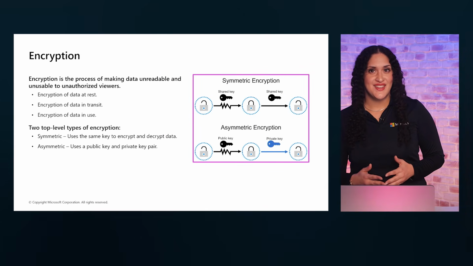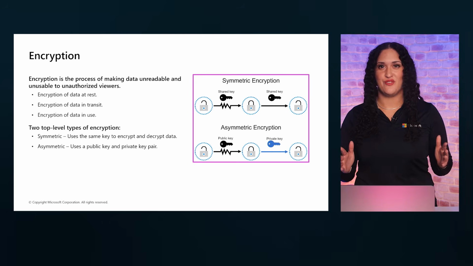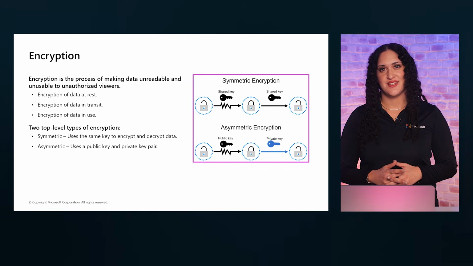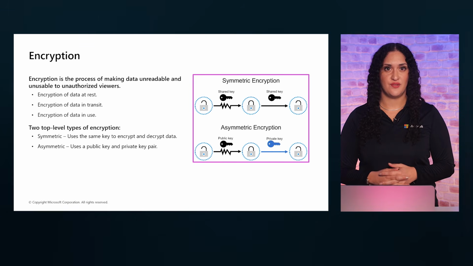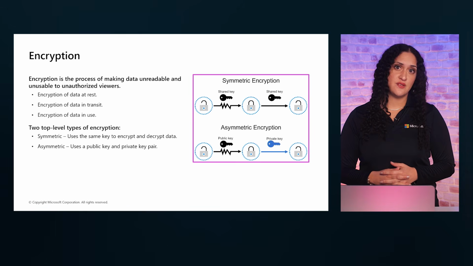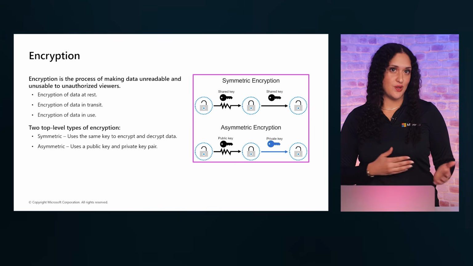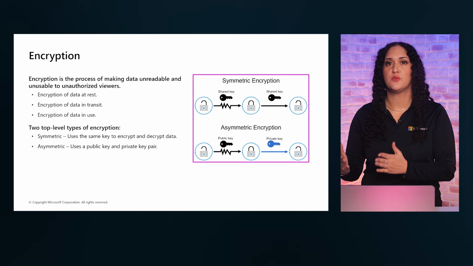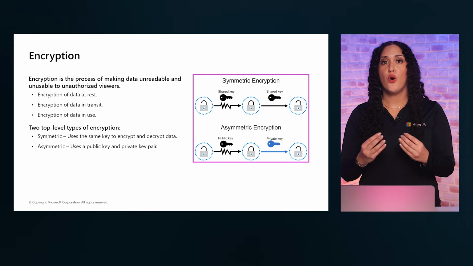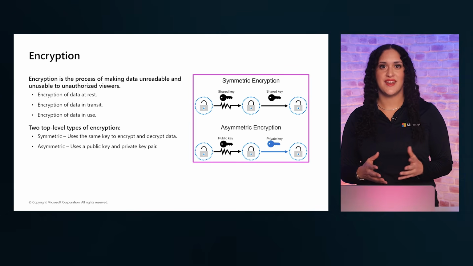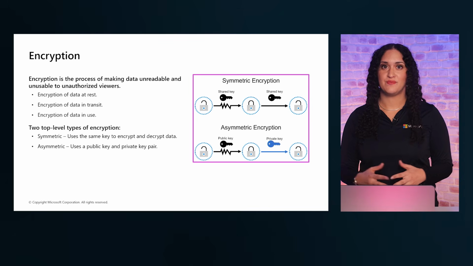Based on zero trust and the idea of trust no one, verify everything, the next question is, how do we protect data itself, no matter where it lives or how it moves? That's where encryption comes in. Encryption is the process of turning readable data into an unreadable format so that only authorized people or systems can access it using the correct key.